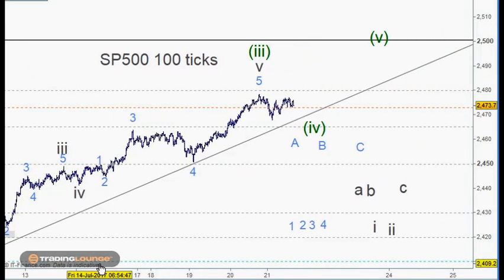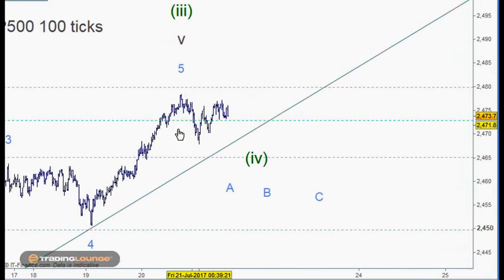The thing with this particular correction is that the move down through here is in 3 waves, so the A, B, and C wave can be completed, and we could see the market move up from there. However, this move up here can be up for 1, back for 2, up for 1, back for 2, and then moving up higher through here.